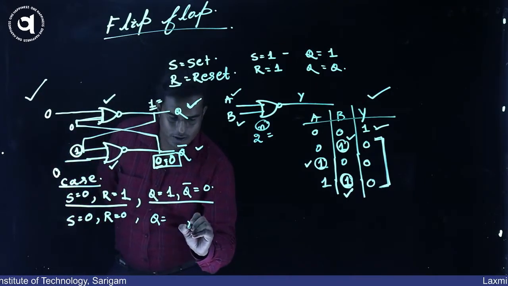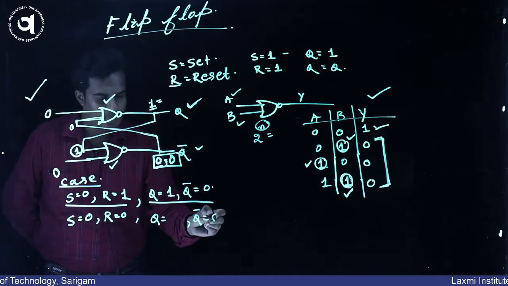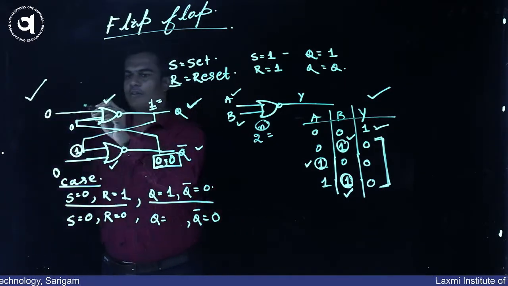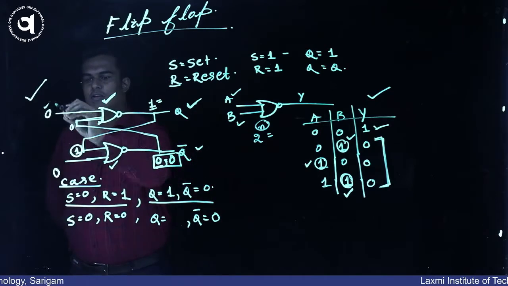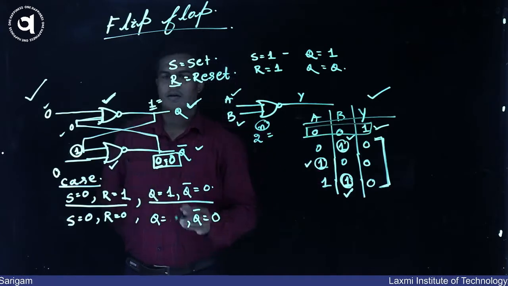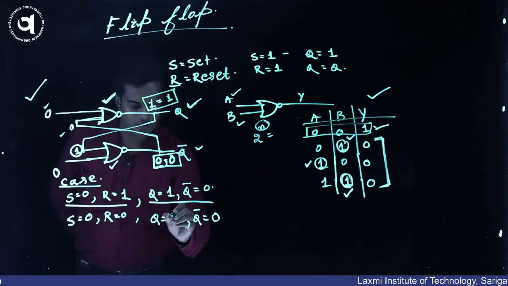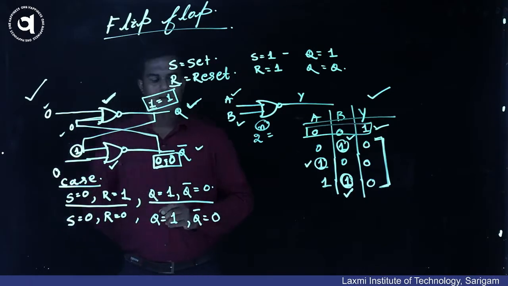This is Q and Q bar. Here Q bar equals 0. Now you can see that for the first NOR gate, both the inputs are 0, so obviously it will produce output equal to 1. So the new output equals 1, which matches my previous value. So here Q equals 1 and Q bar equals 0.